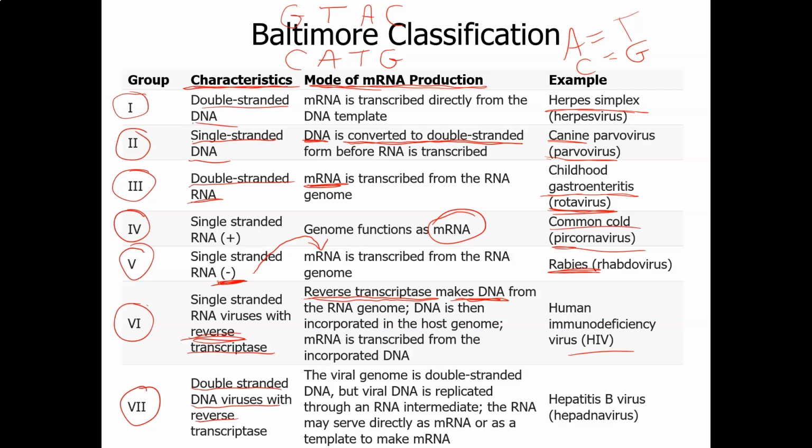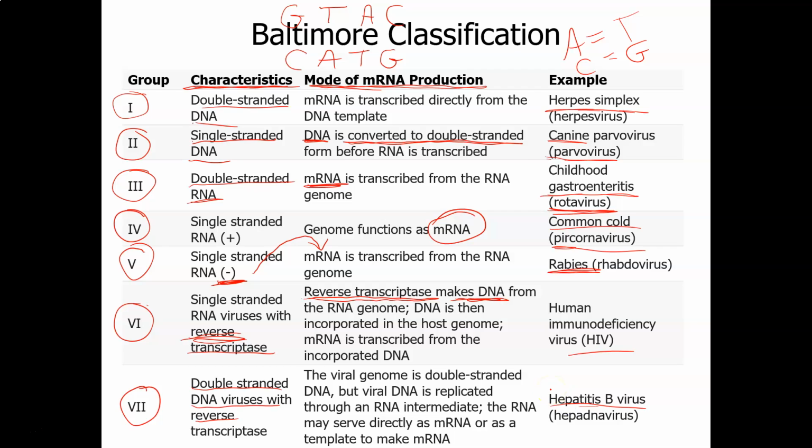Somehow it's replicated into an RNA molecule, and the RNA can be messenger RNA, or it can be used as a blueprint or a template to make messenger RNA. And hepatitis B is an example.